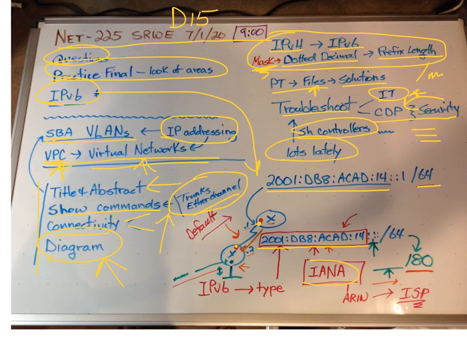I had them look up IANA, and then a couple of students talked about ARIN distributing to the ISPs. And what we want to do is make this /80, because if that was the address you're given, you can't change that, but then you have a lot of bits. We're going to take 16 bits and adjust this address.